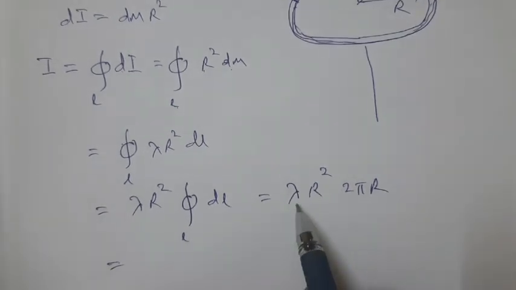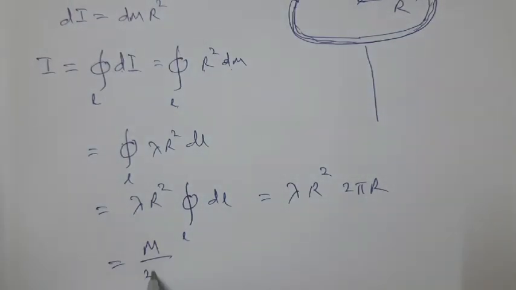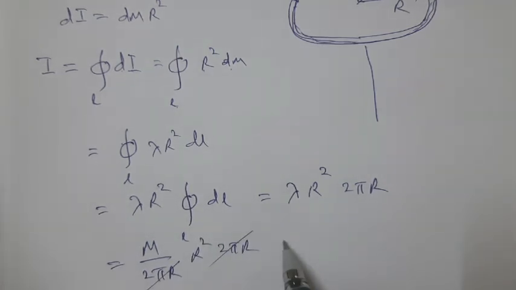Now I will substitute for lambda. Lambda is equal to m upon 2 pi r. Hence it is m upon 2 pi r into r square into 2 pi r. 2 pi r gets cancelled, and it is m r square.